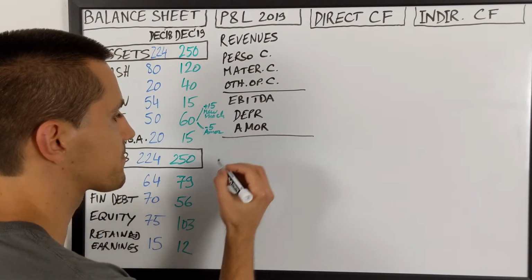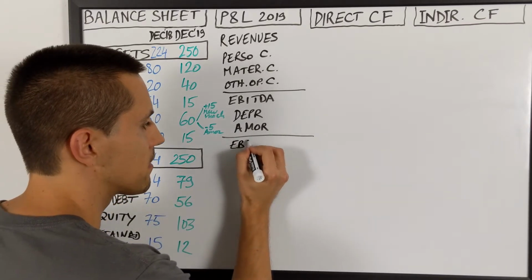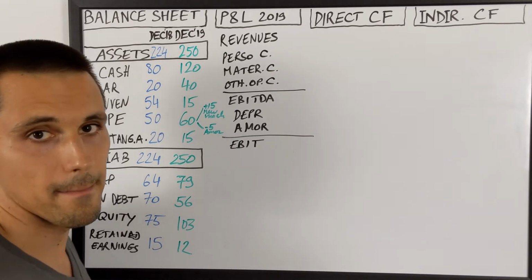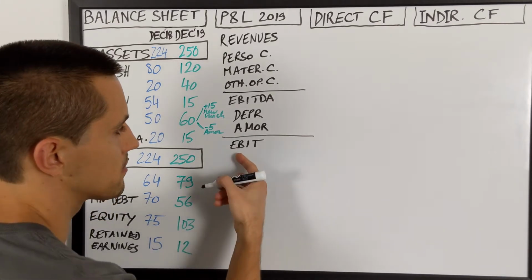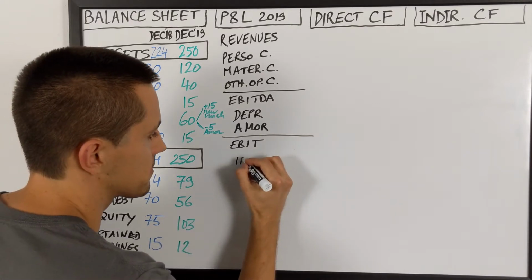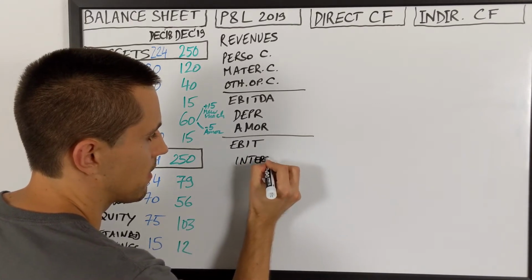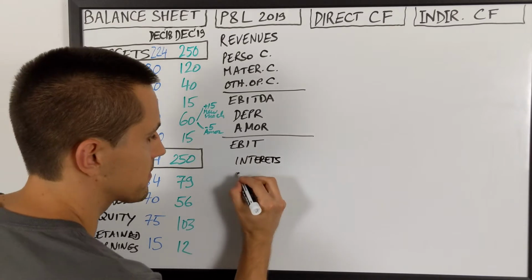All this leads to EBIT, which is earnings before interests and taxes. Now, as you can probably imagine, there is still an I and a T. So we're gonna retrieve interests and we're gonna retrieve taxes.